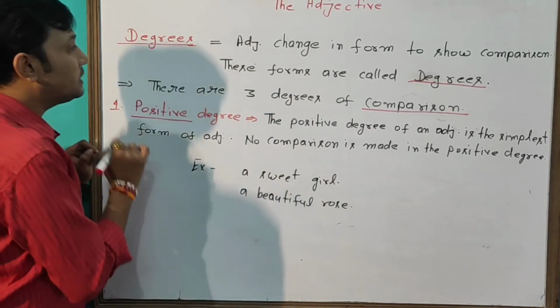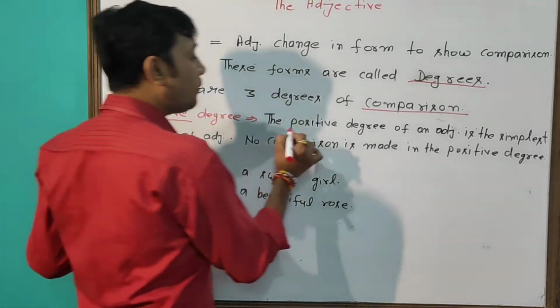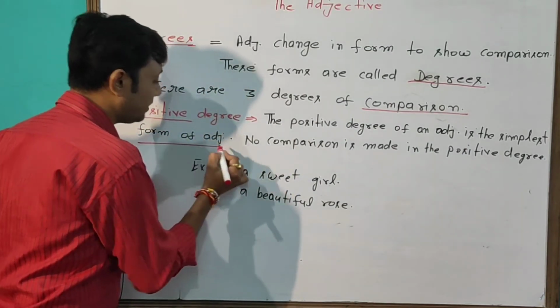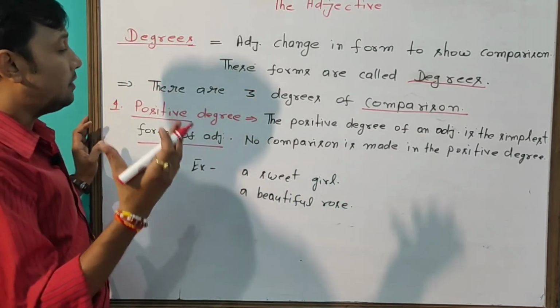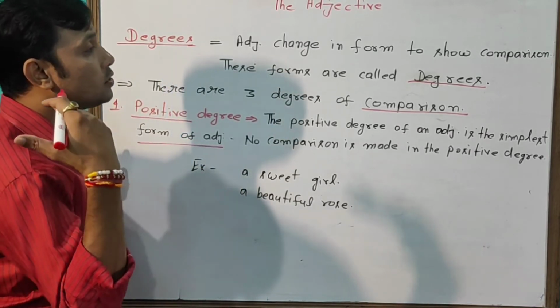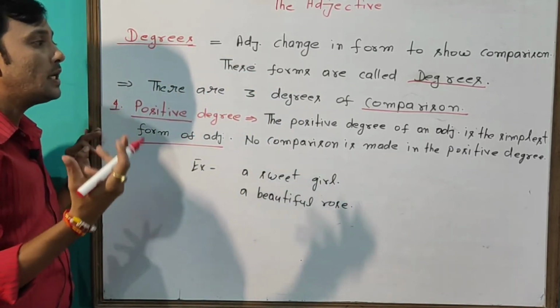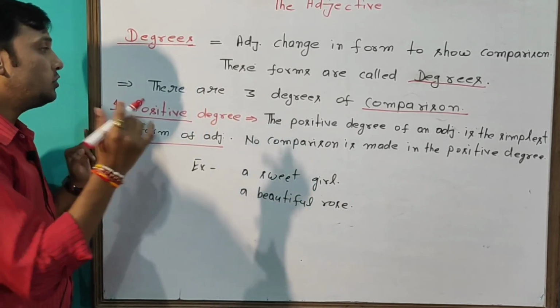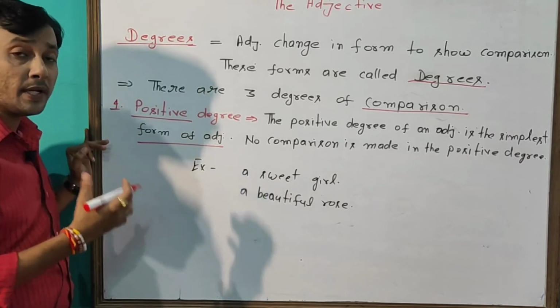So first is the positive degree. What is a positive degree? The positive degree of an adjective is the simplest form of an adjective. I told you that adjectives can be used for showing comparison, and these forms are called degrees: positive, comparative, superlative.